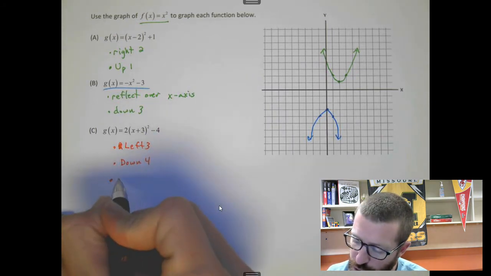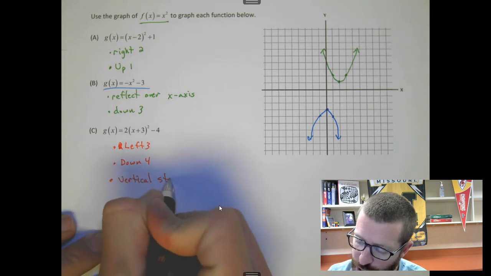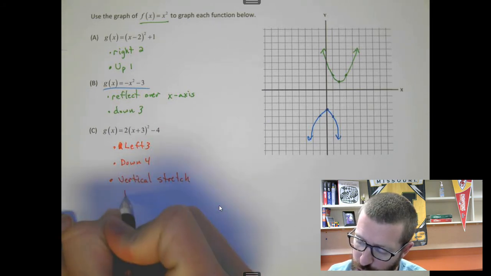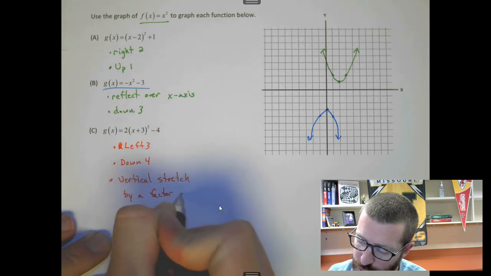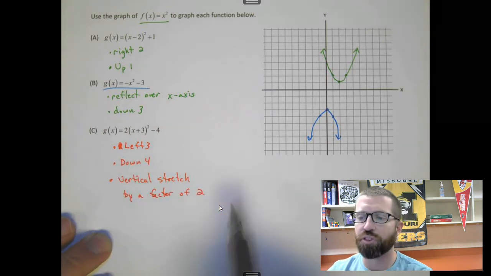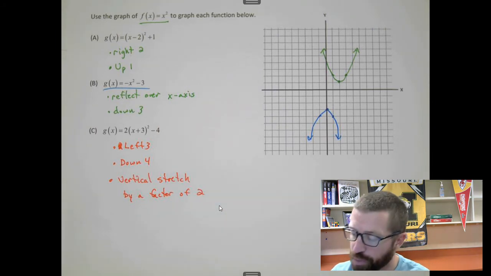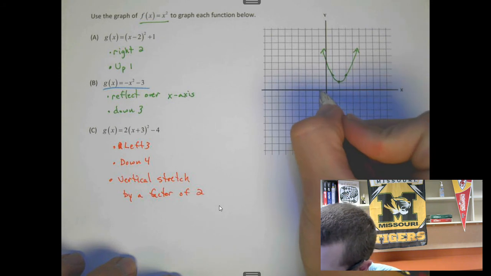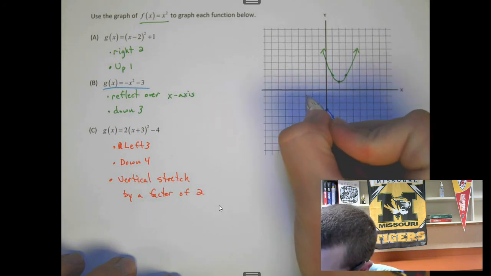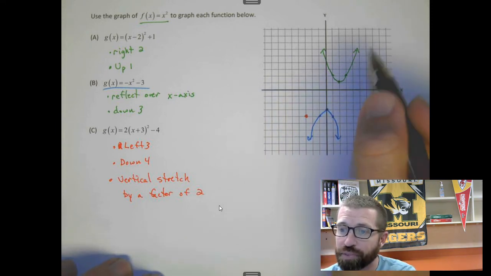And the 2 is going to be a vertical stretch by a factor of 2. And it's okay if you say vertical stretch by 2. If you want to abbreviate that somehow, that's okay too. But let's do this. So we go left 3, 1, 2, 3, and down 1, 2, 3, 4. Counted correctly. And there's my vertex.